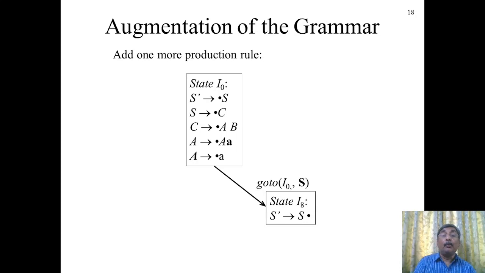Only I have one more transition here, from I0 on S, where you can go to only one state, a new state containing only one item, S dash produces S dot.